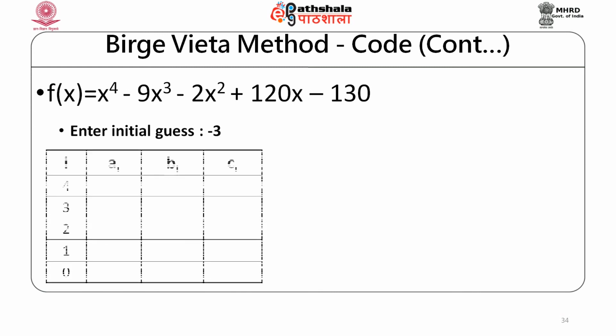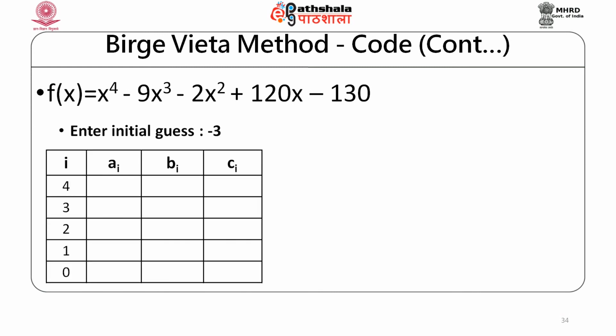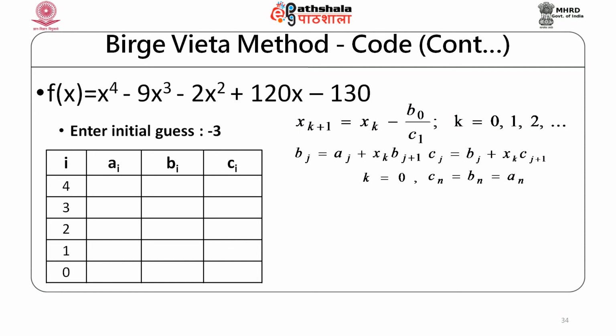Here our a0 is minus 130, a1 is 120, a2 is minus 2, a3 is minus 9, and a4 is 4. Our iteration formula is xk plus 1 is equal to xk minus b0 by c1. Our bn and cn will be the same as an, and the iteration formulas are bj equal to aj plus xk bj plus 1, and cj is bj plus xk cj plus 1.